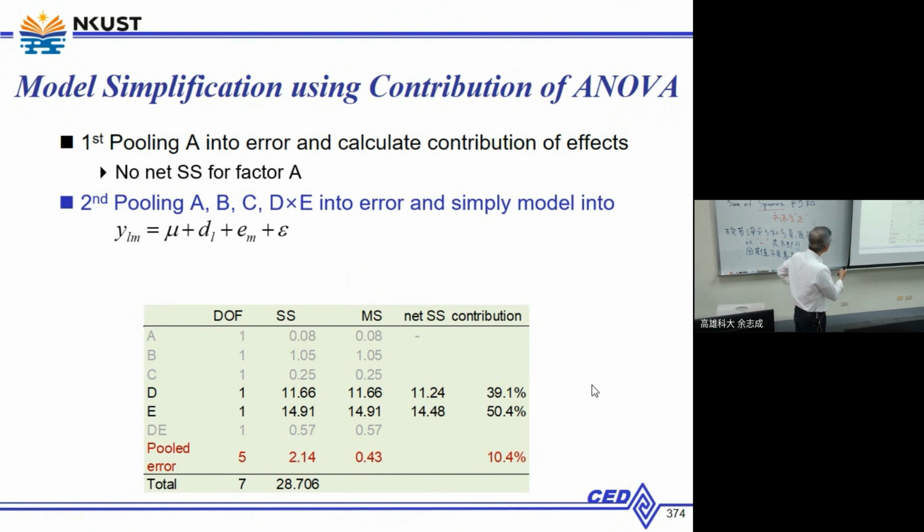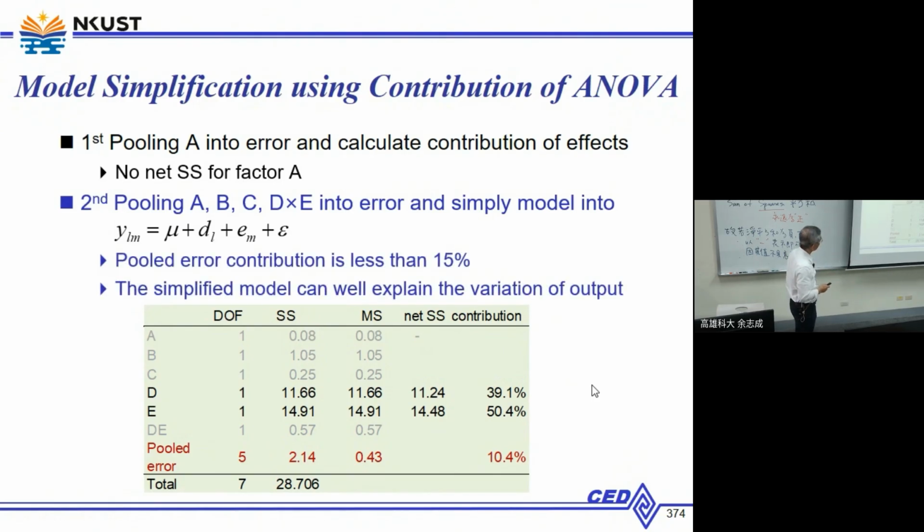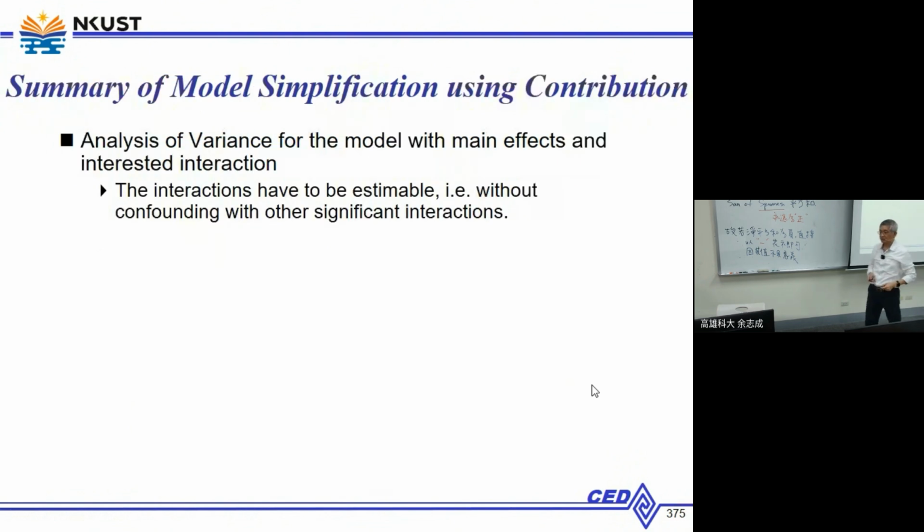So in the second simplification, we consider only 2 effects to explain the model. So you don't need a complicated A, B, C, D, E and interaction DE. You just need to consider D and E. You can control 90% of the output. And here, if the pooled percentage is less than 15%, the simplified model can well explain the variation of the output.